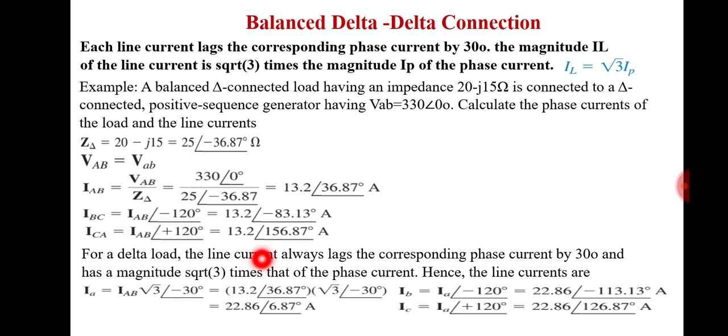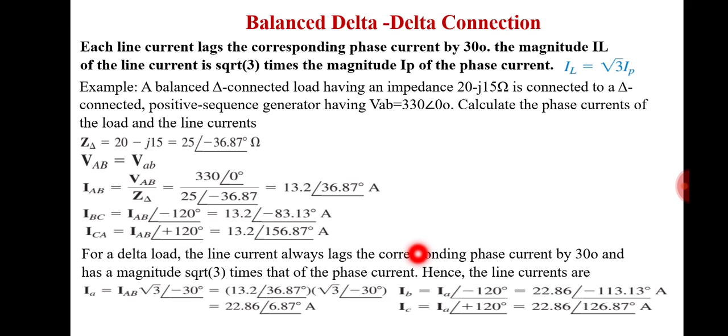So here multiplication of 13.2 and root 3 and summation of angles. So IA becomes 22.86 with angle 6.87. Now same as IB is equal to IA with angle minus 120 degree.